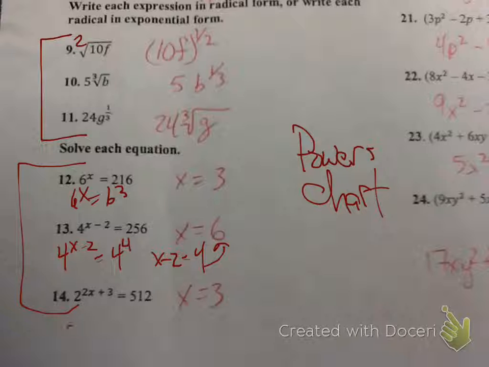Or even here, you could say 2 to the 2x plus 3 is equal to 2 to the 9th power, and then again solve, saying 2x plus 3 equals 9, subtract 3 and then divide by 2 to get x equals 3. So again, nothing that should be overly difficult.